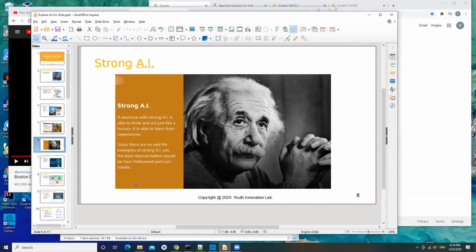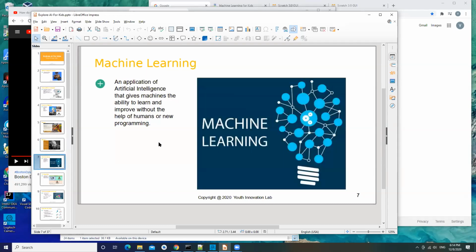They can learn by experience. That means they continue learning. That's why when we hear the term AI, a lot of times we also hear another term, machine learning. Since you are elementary school students, you have definitely heard some of these terms before, but you don't really know the difference between them.